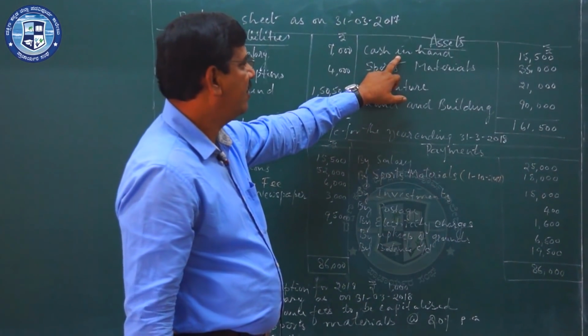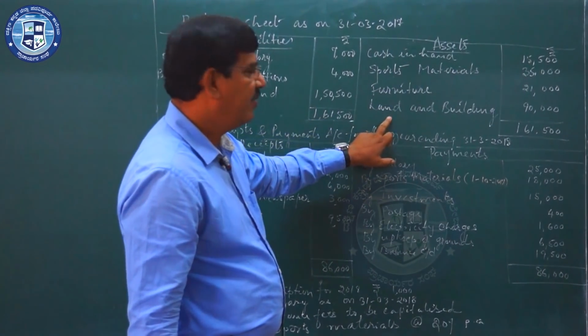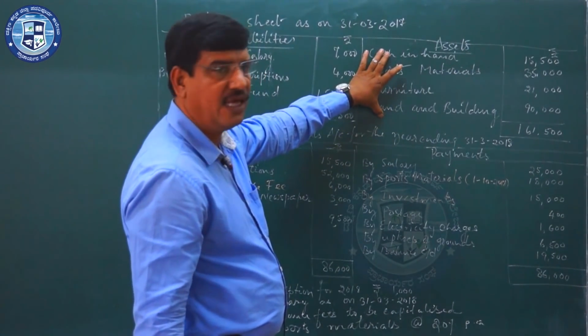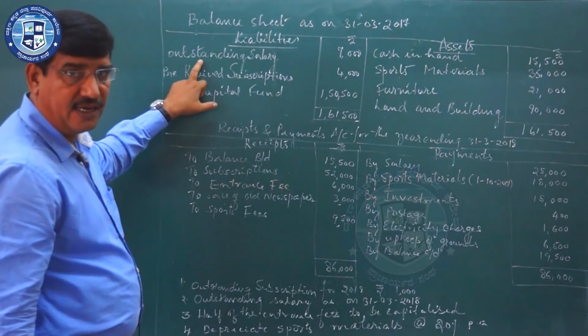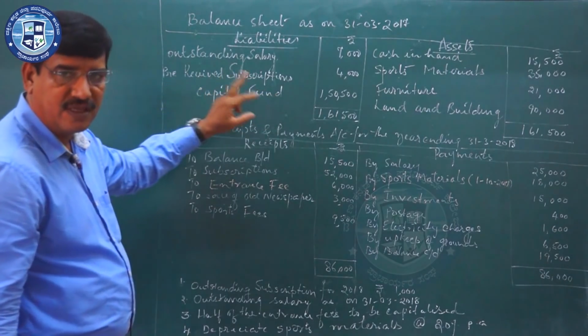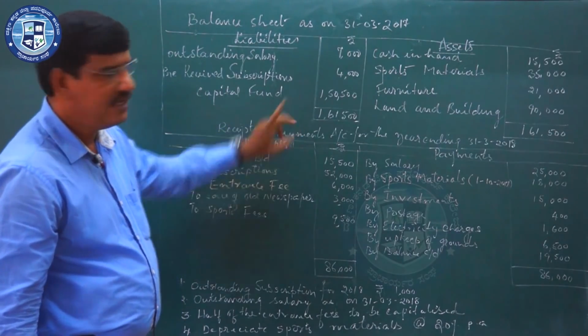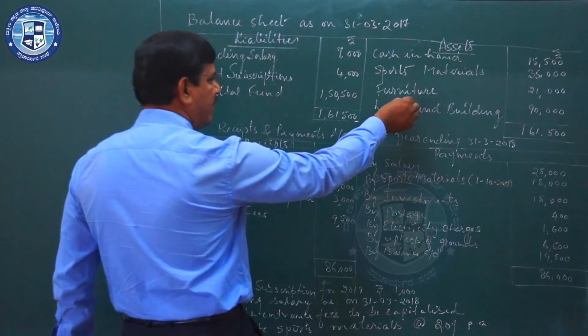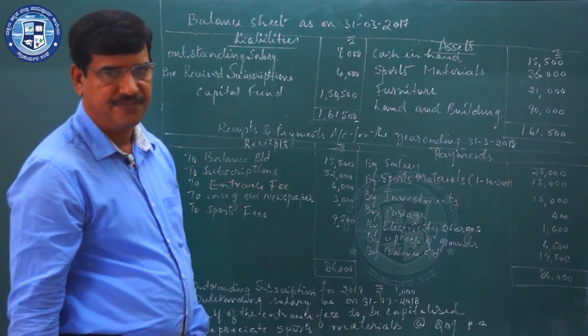Opening cash in hand is given, and sports materials, furniture, land and building, these four assets are given. Outstanding salary, a current liability, is given. Pre-received subscription, or advance subscription, is also given. These two are current liabilities, and the difference between assets and liabilities is the capital fund.